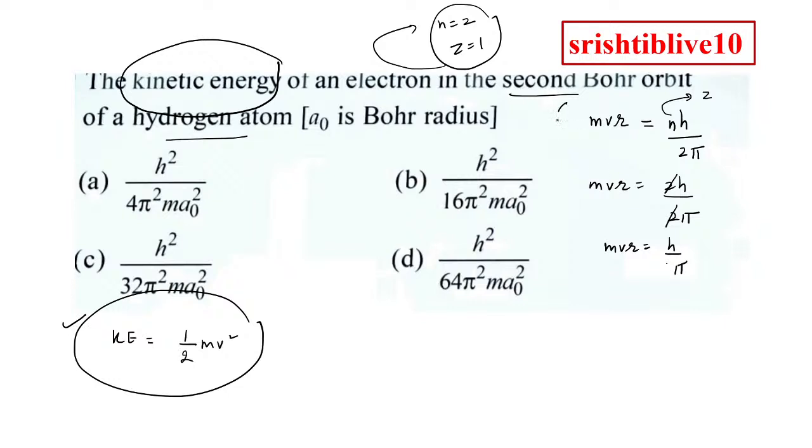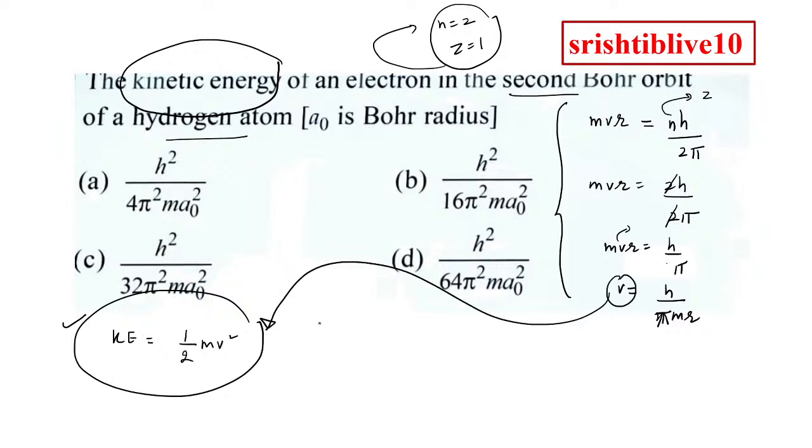Let's go with the simple way so that you can understand this question. This step is clear. So I got the velocity here. Velocity is equal to h by pi mr. Now I'll substitute this velocity in the kinetic energy formula. So kinetic energy is going to be half m velocity square.